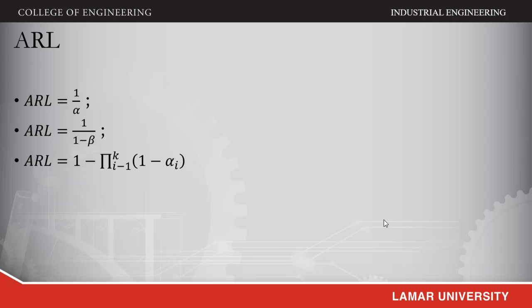So what we have here is the symbol pi, which represents the product, and is the product of 1 minus alpha. 1 minus alpha would be the probability of not falling into error type 1. The multiplication for independent events represents the joint probability of such events.